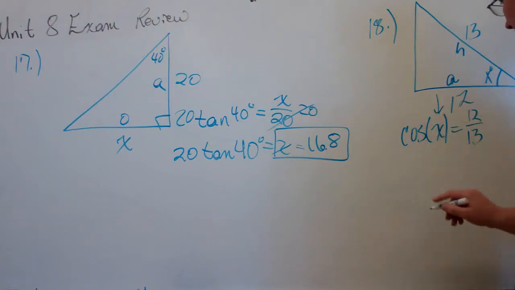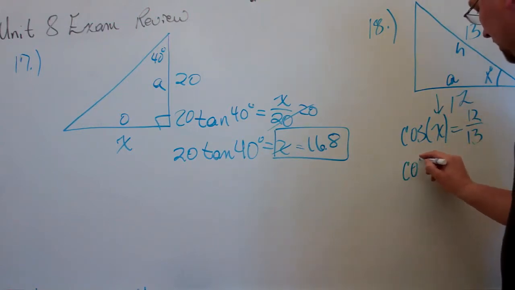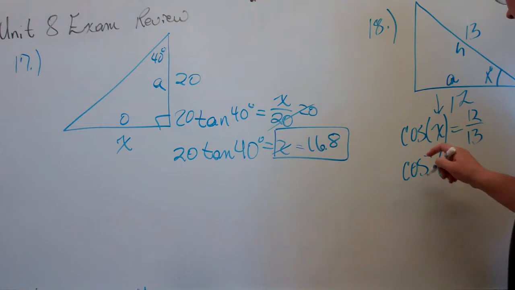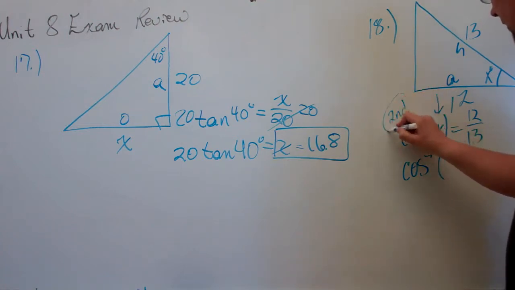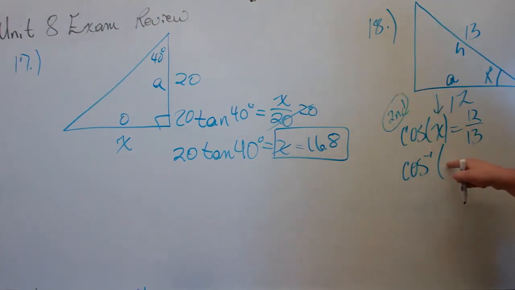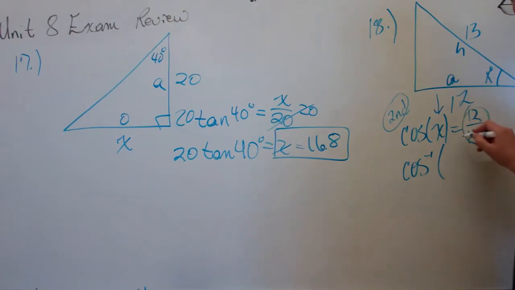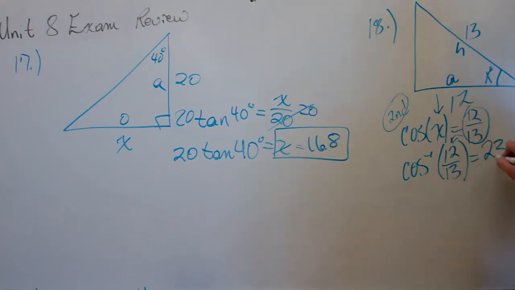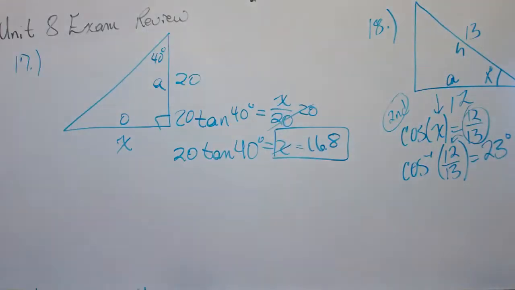When you're looking for the angle measure, remember you have to use the inverse cosine. So hit the second button, then cosine, so you have cosine to the -1, open a parenthesis, take this fraction as is, put it inside, hit enter, and when you round to the nearest degree, you should get 23 degrees.